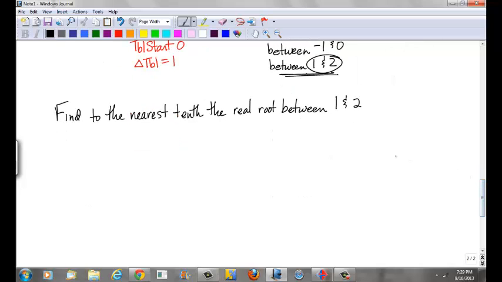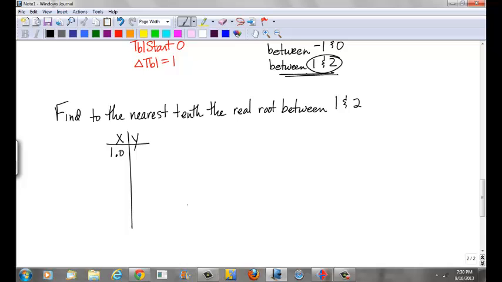Okay, so we're going to go back on your table. Go second function table set on your calculator. We still have the original equation in. Do second function table set. We know it's going between 1 and 2, so we're going to put our first value at 1.